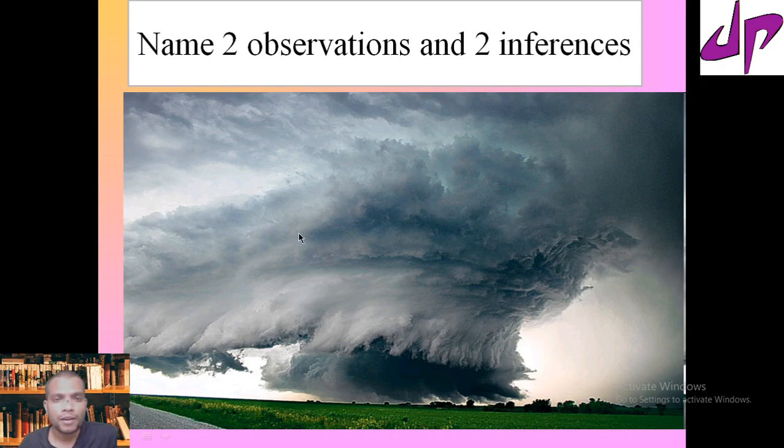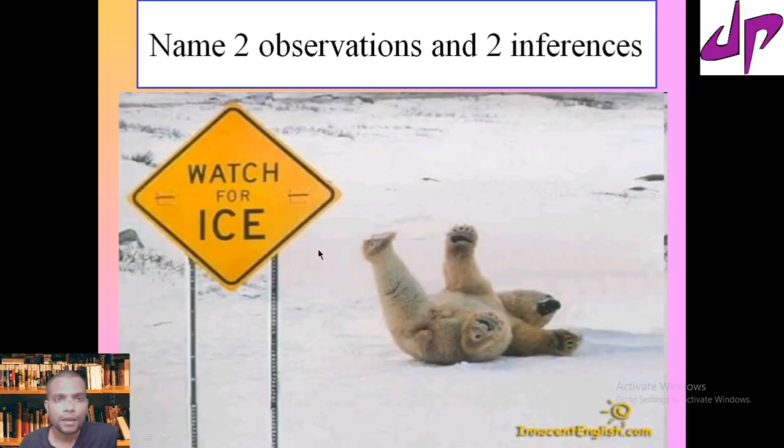I hope you are doing well. By observing the picture on the screen, try to make any two observations which come with your knowledge, and any two inferences. Just make a conclusion.